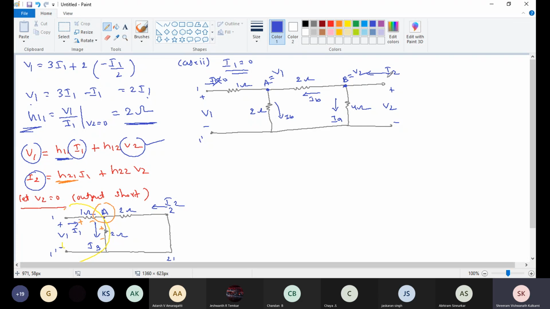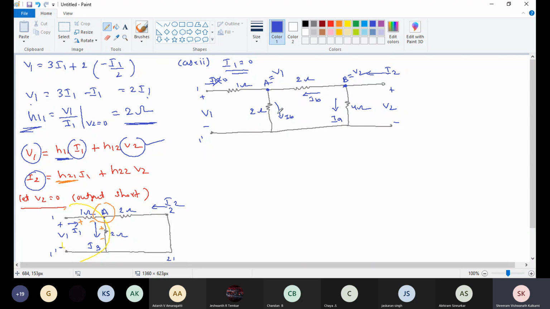This current is dividing into two currents at node B, which I named IA and IB. This IB current, the same current will flow here, IB. The one more current associated with this 2 ohm is 0, since I1 is 0. So IB here.